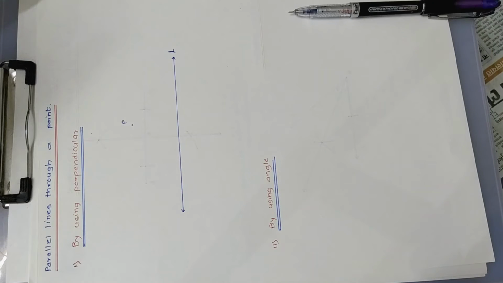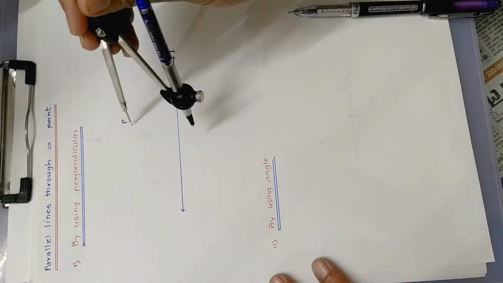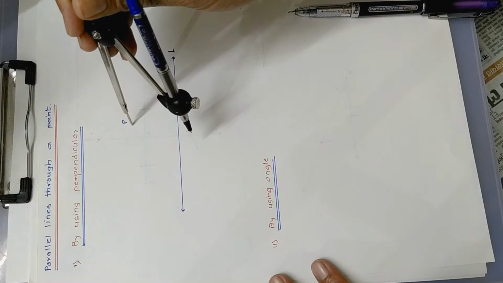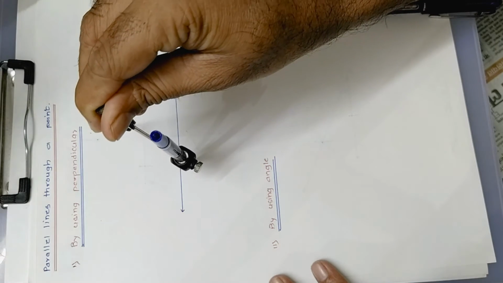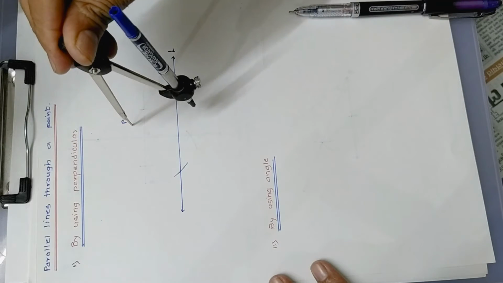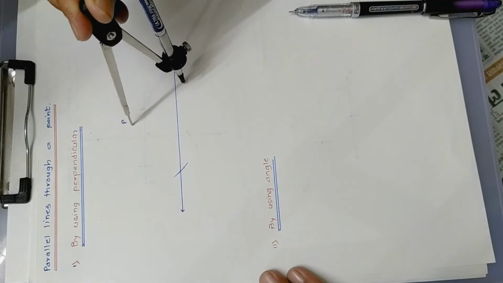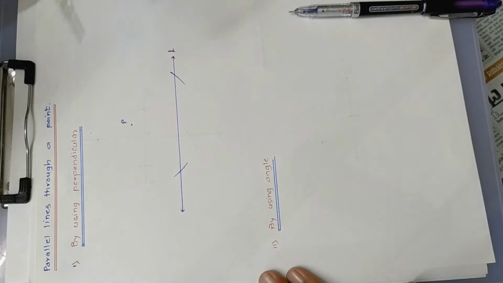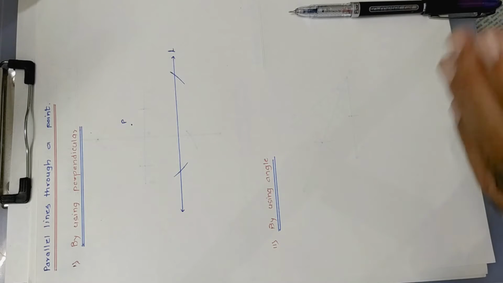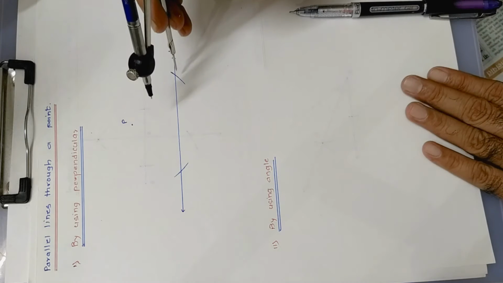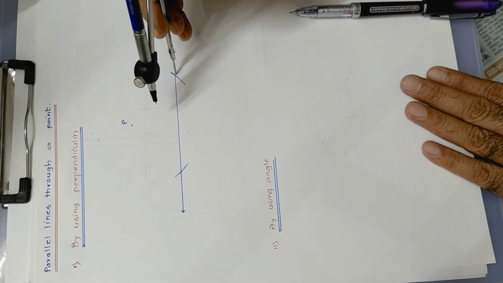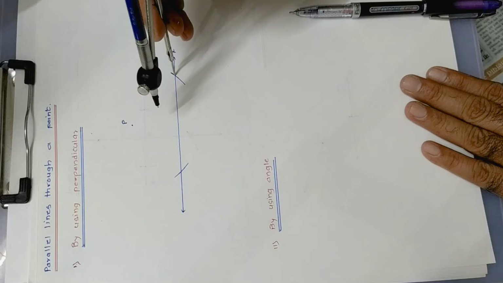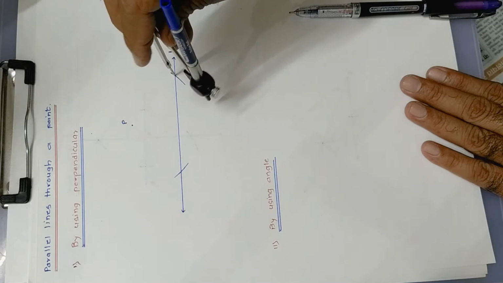Take your compass, take a certain distance in your compass, put it on P like this, and draw one arc on the line towards the right and left of your point P. After drawing these arcs, just change the distance, put your compass on the intersecting points.